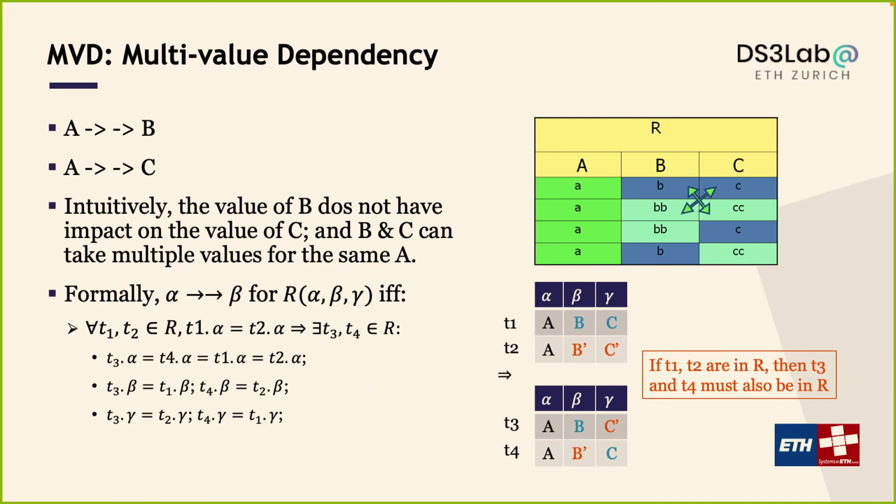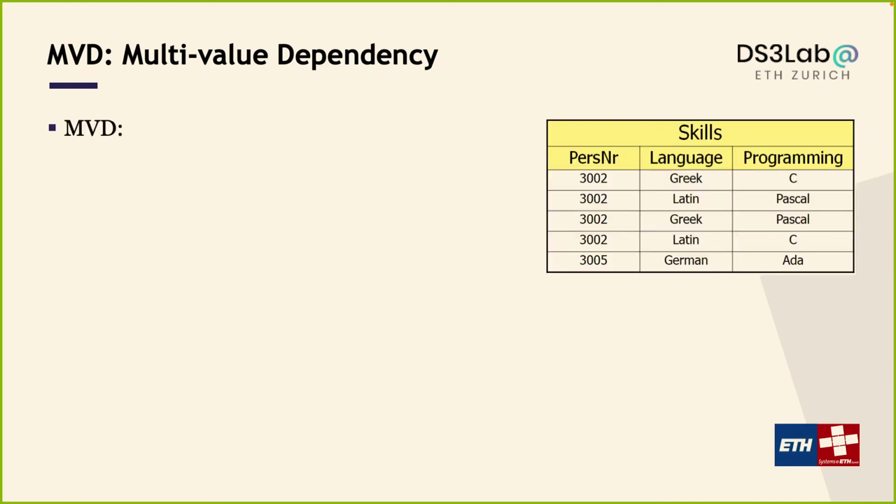Okay. So now let's look at this. What multivalued dependency do we have here? In this case, for every single person, if I have two tuples, for example the first two tuples, and you swap their language and programming language, you get the third and the fourth tuple.